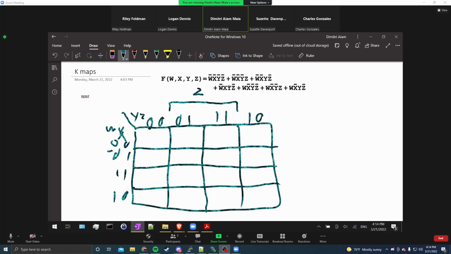This is X. This is where X is true. Are you guys following? Wherever there's a 1, that's where X or Z is true. That's where Z is true. Same here.